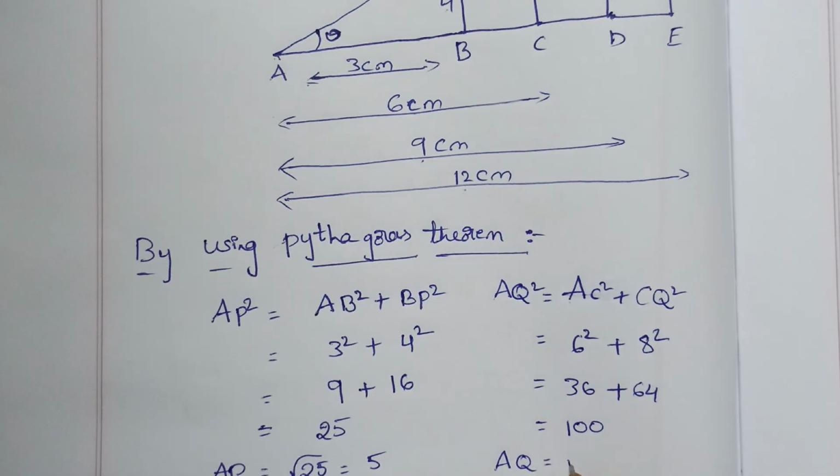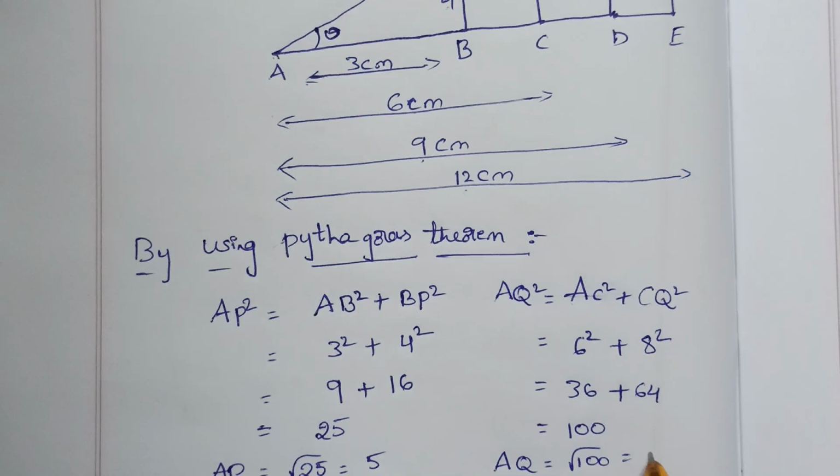AQ equal to root over 100, that is equal to 10.